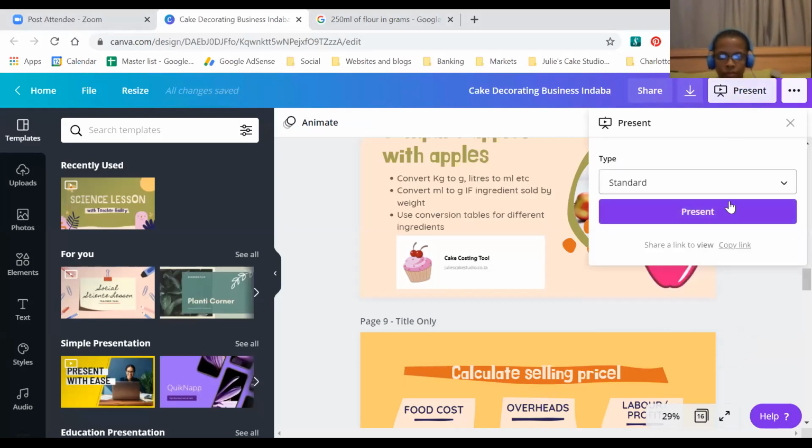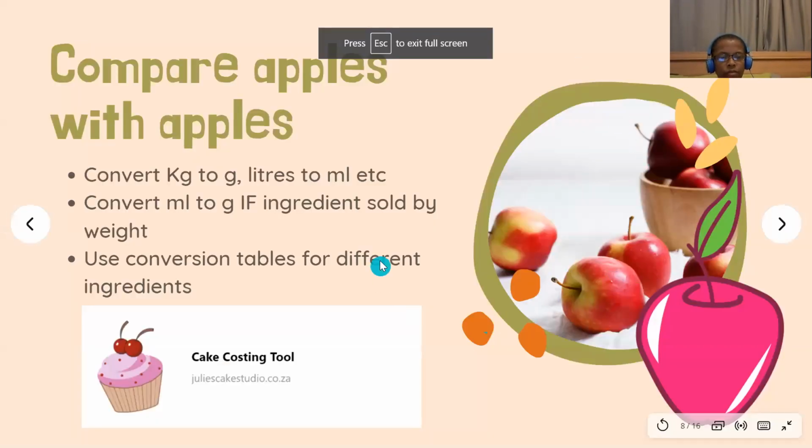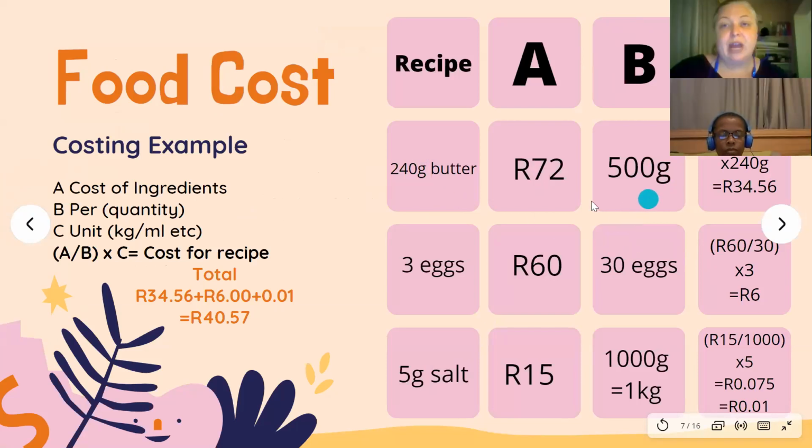Let's go back here. Okay, present. There we go. Okay, so we're back to our apples. Whenever you do that costing that we worked out here, make sure that whatever is in this column is the same as what's in this column. So if it's grams and grams, or eggs and eggs, or if it's kilograms and grams, you should change to grams and grams, etc. I think everyone probably can understand that.